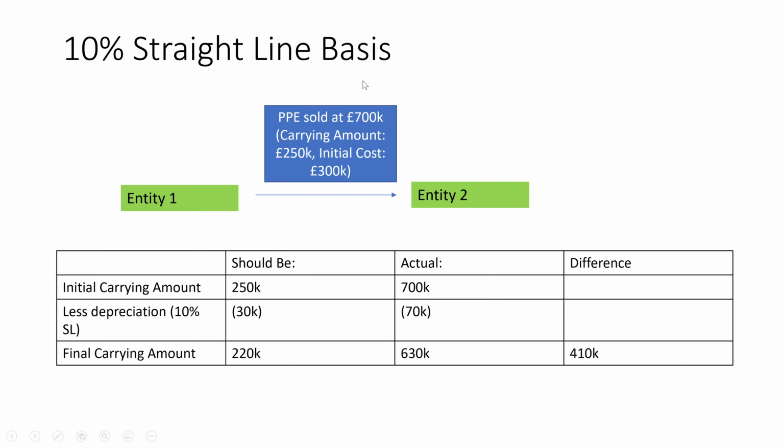Our actual, what we actually did, our initial carrying amount was now 700k, less depreciation of 70k gives us 630k. So our difference is 410k. And as we said before, we would debit retained earnings of the seller, 410, and credit PPE by 410.